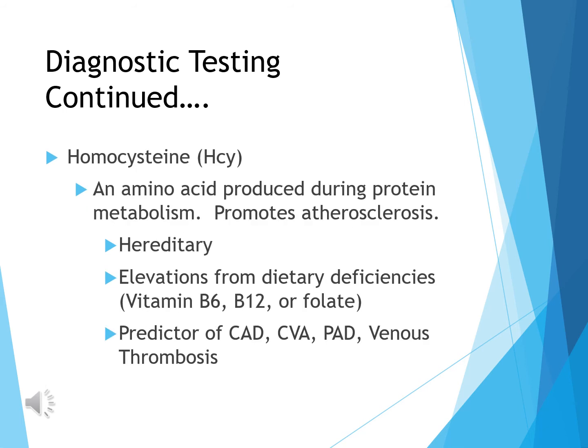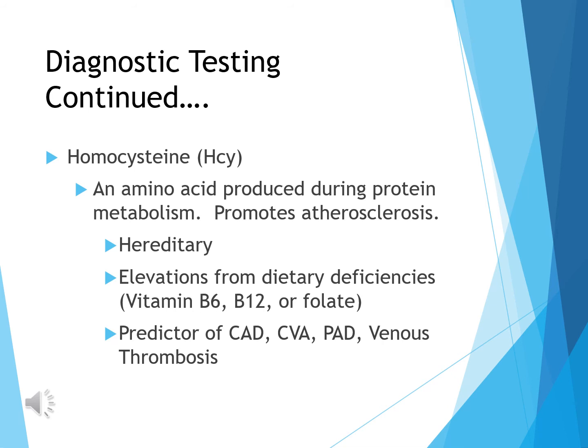Homocysteine is an amino acid produced during protein metabolism. It promotes atherosclerosis, so not a good thing. This is a hereditary issue. Elevations are known with vitamin deficiencies such as vitamin B6, B12, or folate.